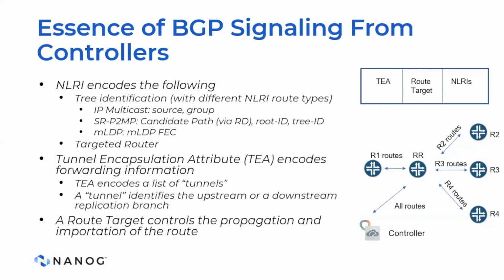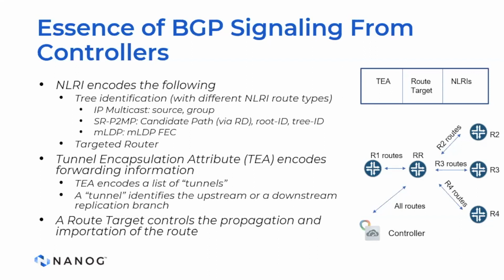The next piece of information in the NLRI is the targeted router. If you look at the picture, the controller is the button to the left of that picture. That controller calculates the tree and sends the forwarding information to different routers.